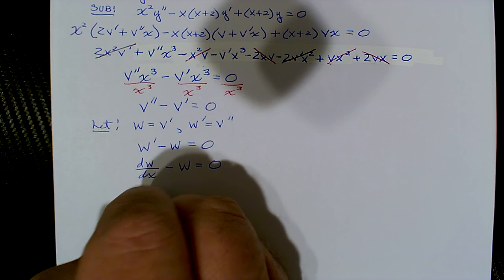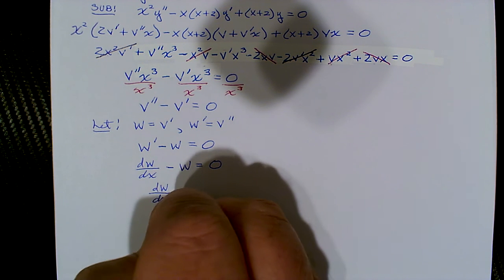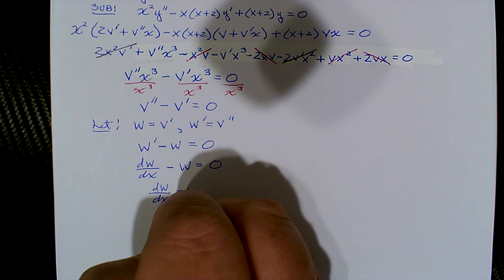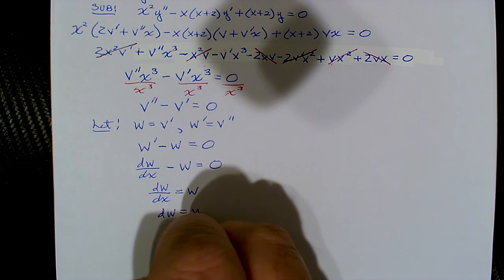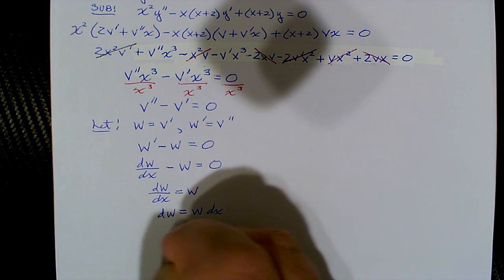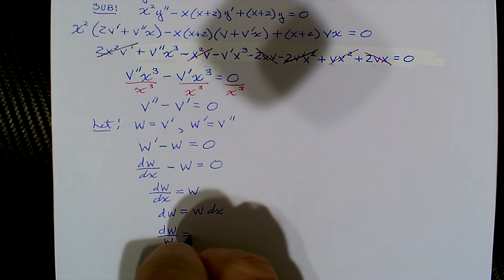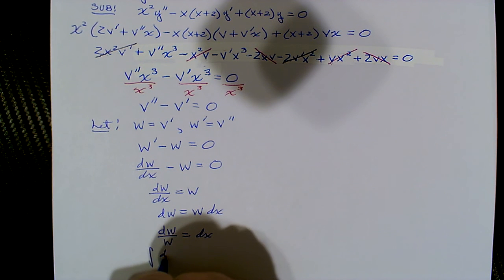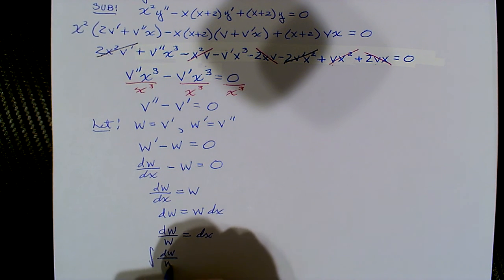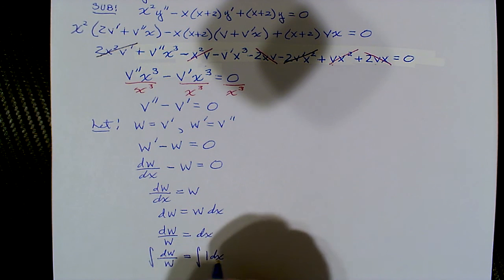So separating the variables, dw over dx equals w, and dw equals w dx, dividing by w, dw over w is dx. We could then integrate dw over w, and integrate that 1 dx if you wish.